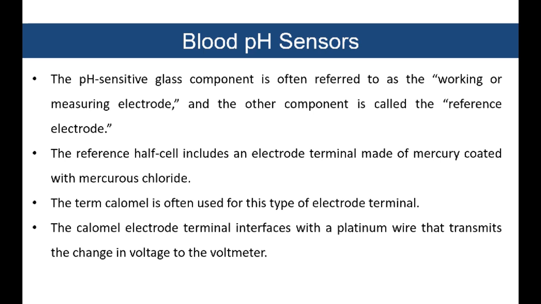The calomel electrode terminal interfaces with a platinum wire that transmits the change in voltage to the voltmeter, and the relation between the voltmeter reading and the pH solution reading will further give you the data of the presence of pH in the solution, or we can say in the sample.